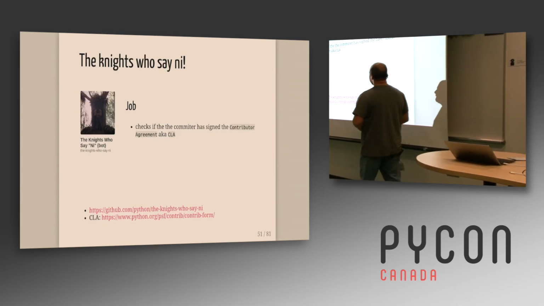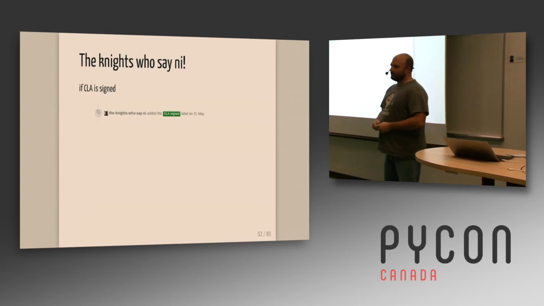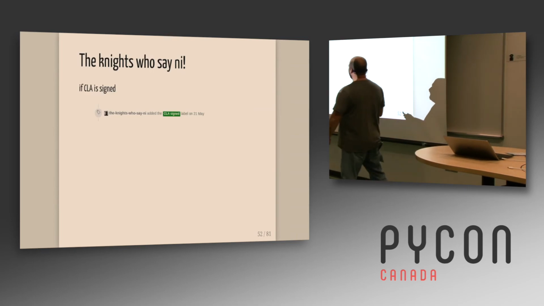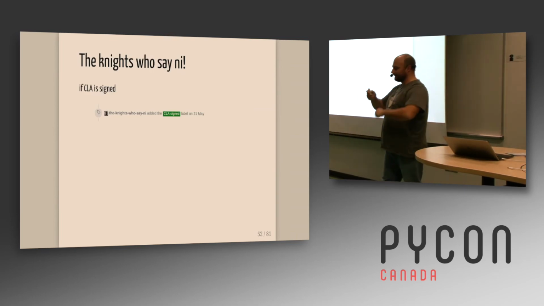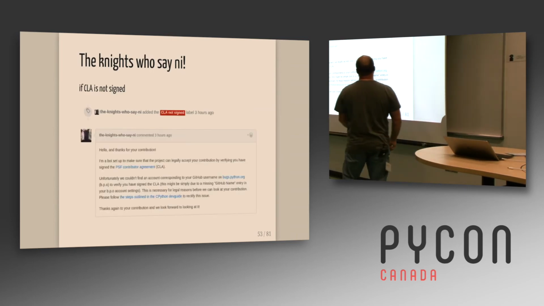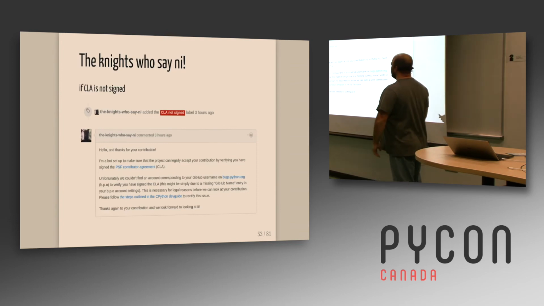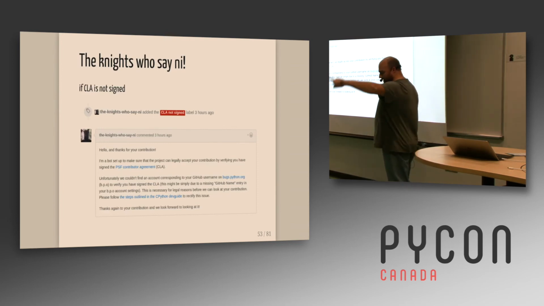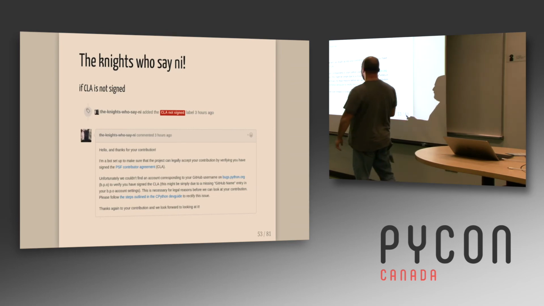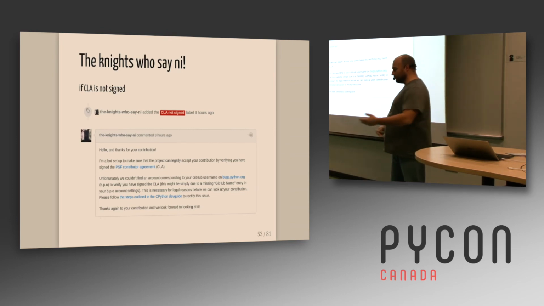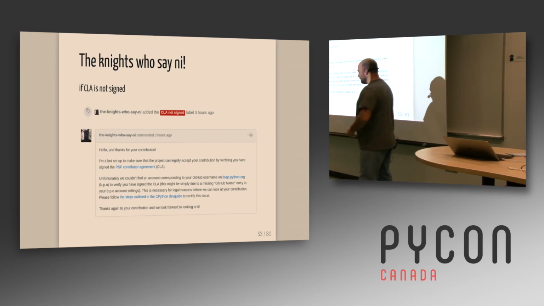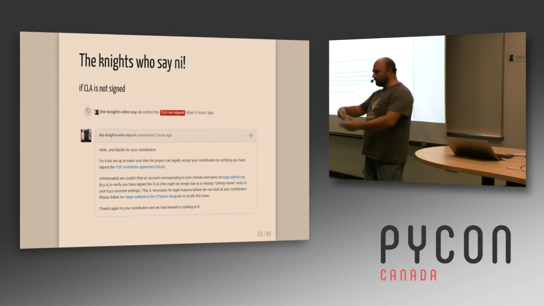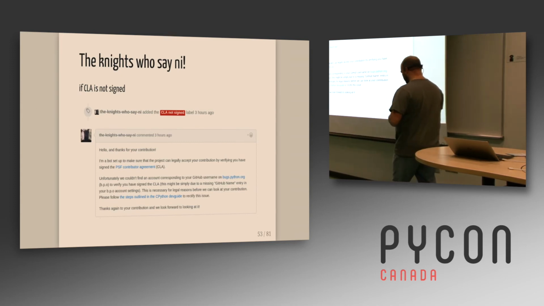Okay. If the CLA is signed, we have a green label. If that is not the case, a red label, CLA not signed. And you have the description: please, can you go on bugs.python.org and please sign the CLA, and so on. Yes, it's great, because without that, we won't accept your patch. Okay? That's really, really important.